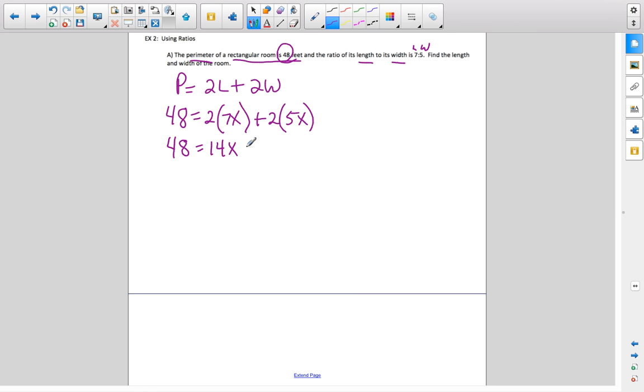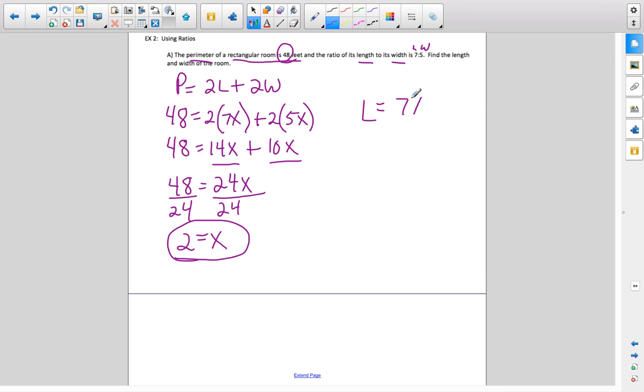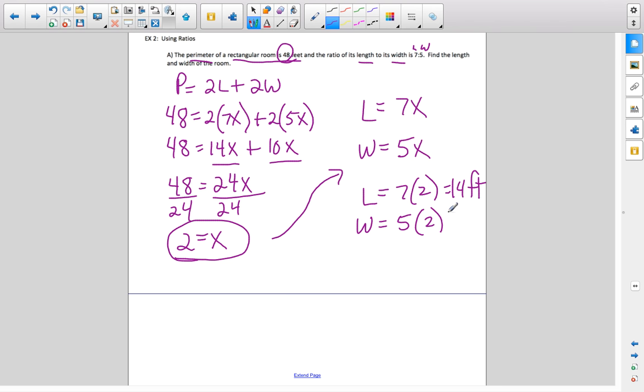The length equals 7 times a number, and the width equals 5 times that number, the number I found. So the length equals 7 times 2, which is 14 feet, and the width equals 5 times 2, or 10 feet. If I want to, I could check it here: 2 times 14 plus 2 times 10, yep, it equals 48.